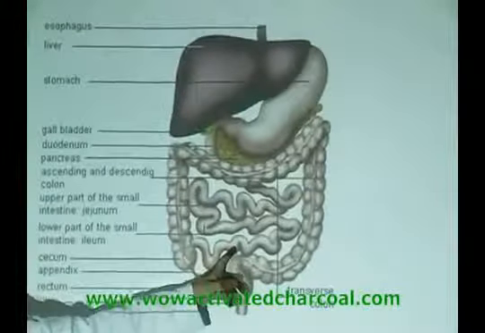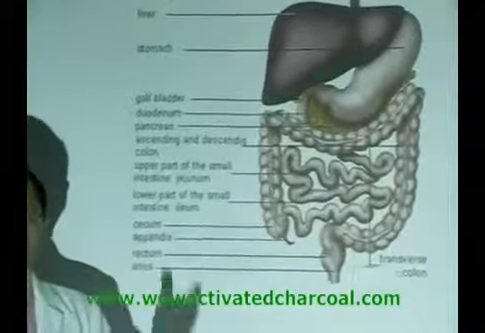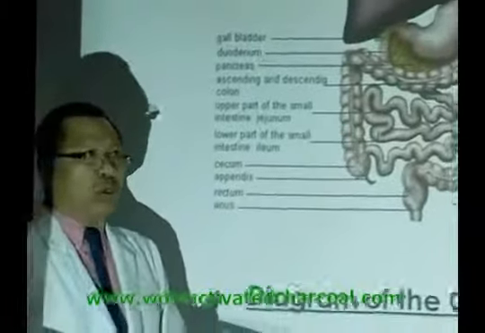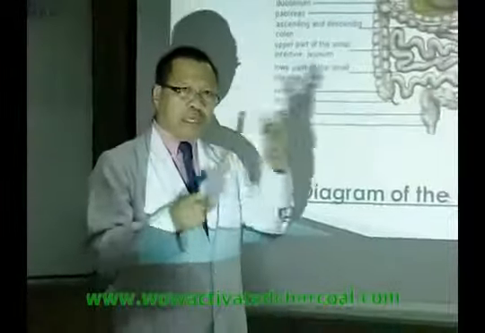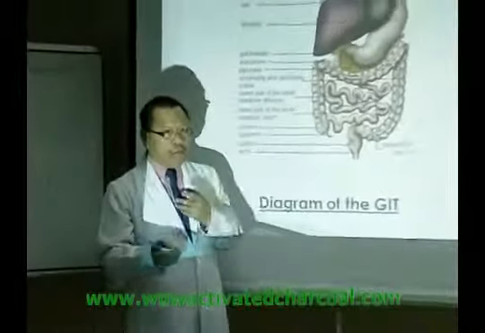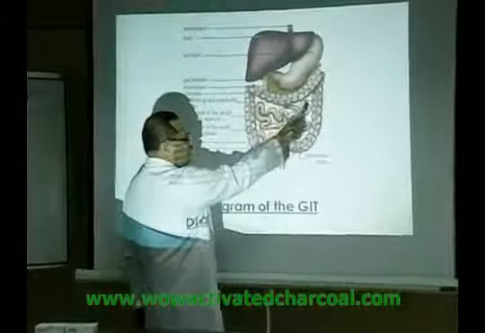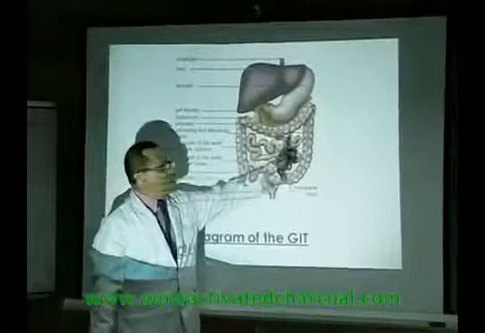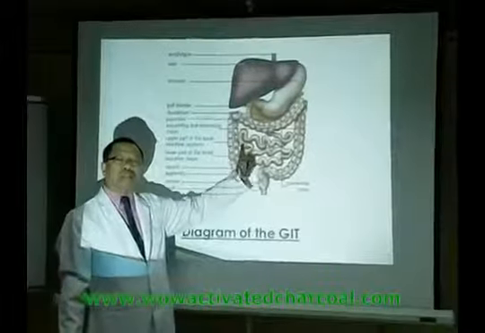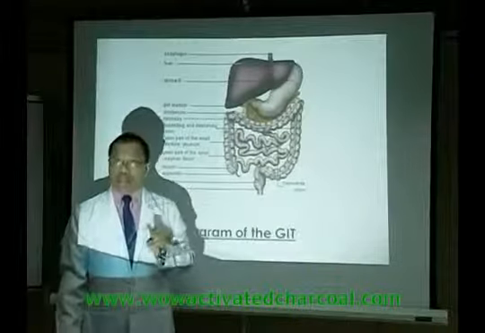In relation to this, that's why I mentioned earlier that we do not advise people to take charcoal during eating, or immediately after or before eating, because there is a possibility that the charcoal and the food will mix together in this area. And this area of the gastrointestinal tract is important in digestion as well as the absorption of nutrients.